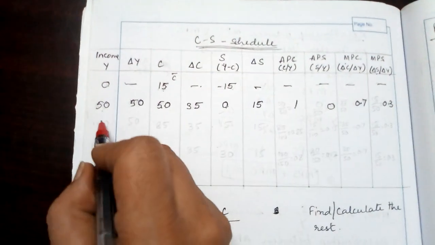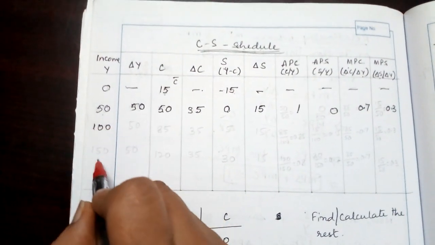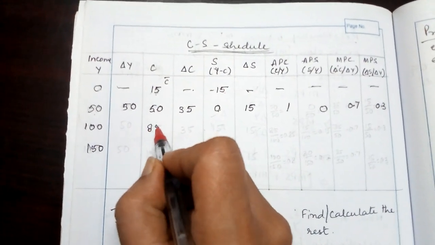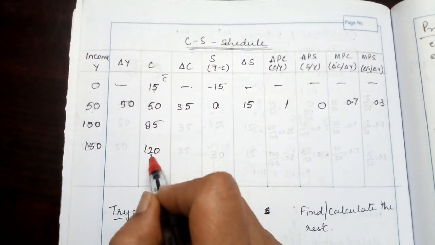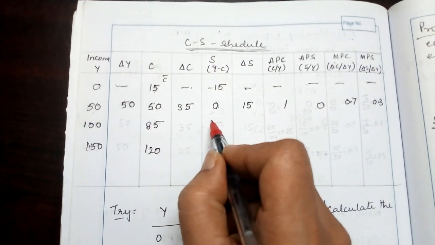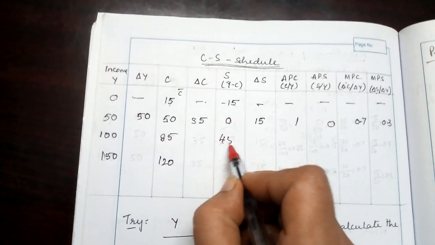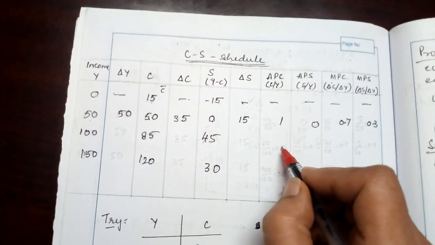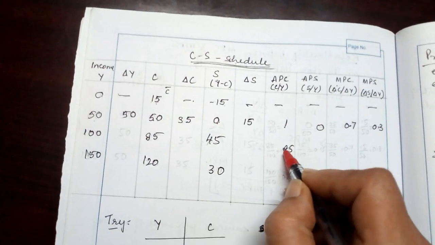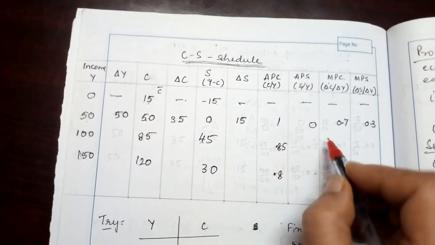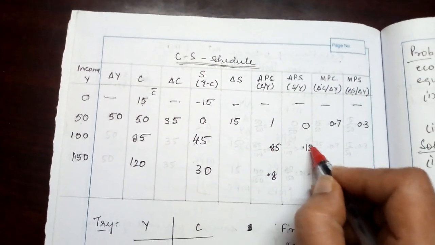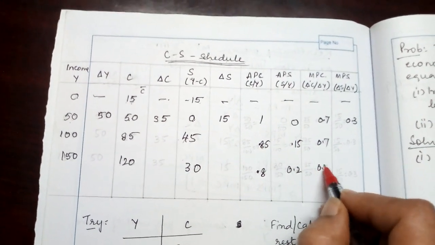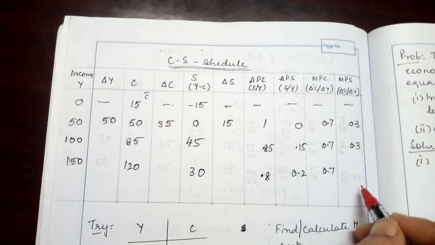So as the income increases, let us say this is 100, this is 150, and consumption this is 85, and this is 120, and saving becomes 45 and 30. Then you get here 0.85, and this is 0.8, this is 0.15, this is 0.2, this is 0.7, 0.7, 0.3, 0.3.